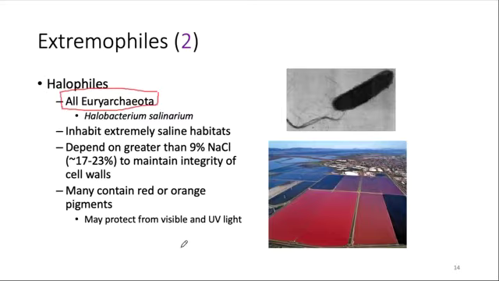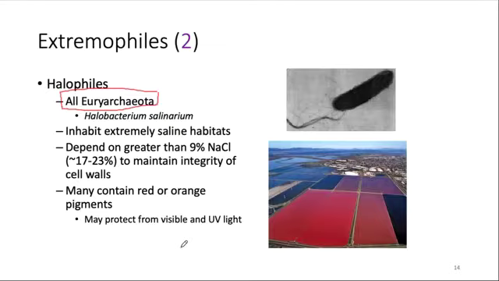An example is Halobacterium salinarum, that inhabits extremely saline habitats with salt concentration around 17 to 23% in order for them to even survive in that environment.